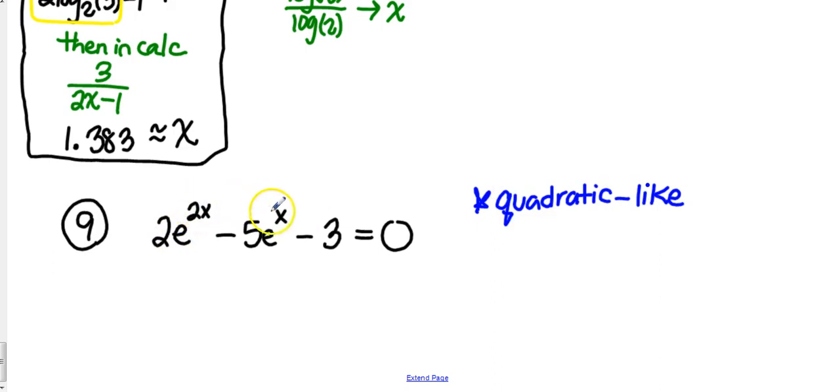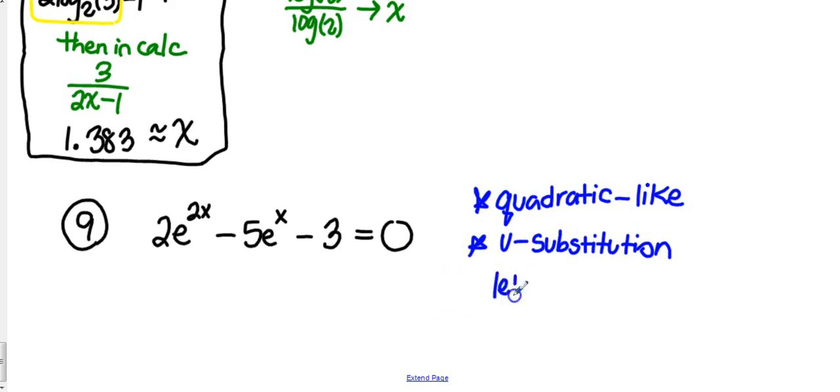I have a squared term, single power term, and a constant. So we will be bringing back U substitution. U substitution is a tool in our toolbox that helps us let U equal a value, work on the solving, and then plug U back in.